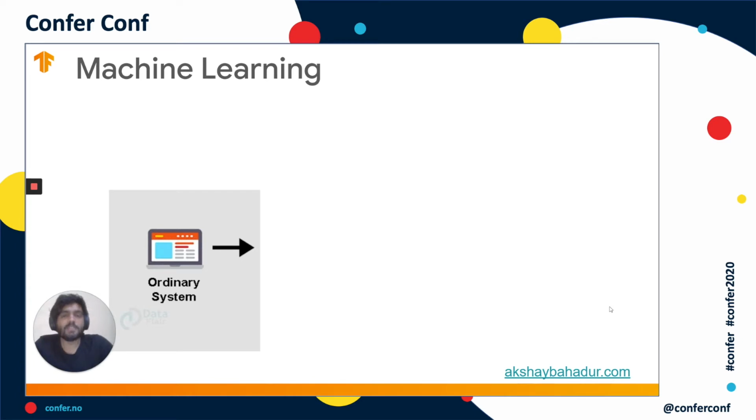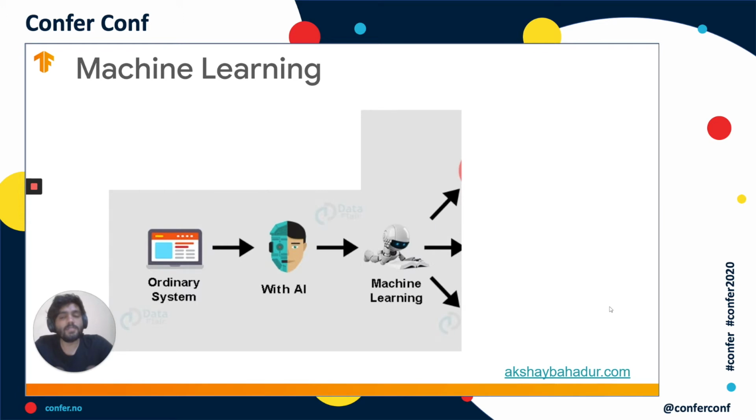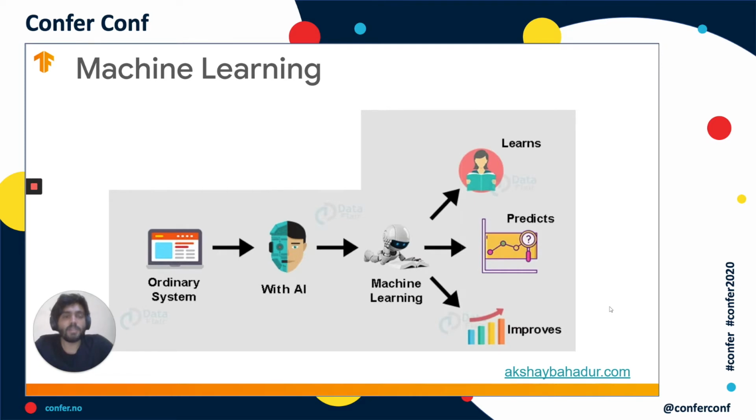Machine learning is one of the ways, and machine learning basically means that you are feeding data to the system. So with the help of AI, we want to give intelligence, and how will we do it? We'll do it via machine learning, that is by giving data, and over a period of time, our model will start to learn, it will start to predict, and it will start to improve itself as well as the insights. So this is how a basic machine learning architecture looks like.